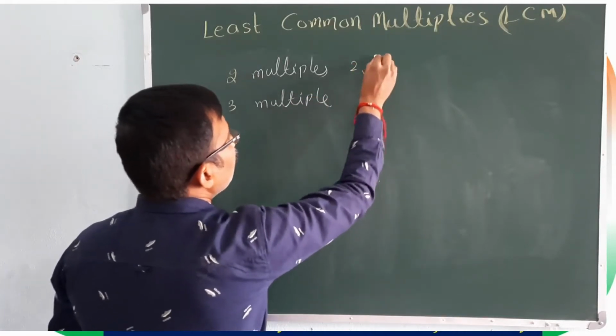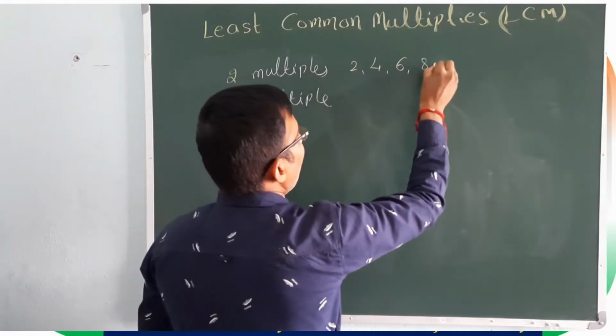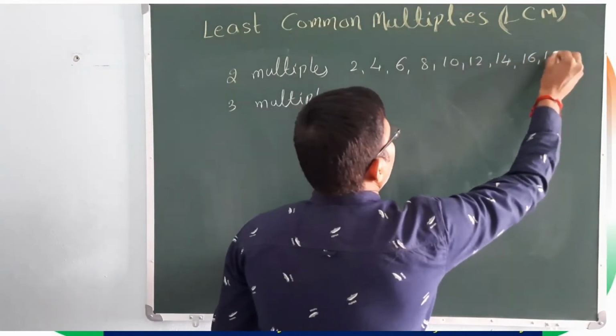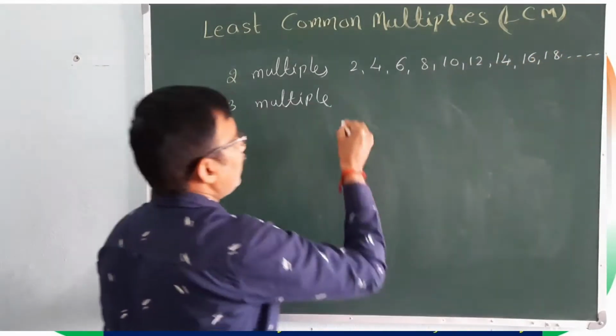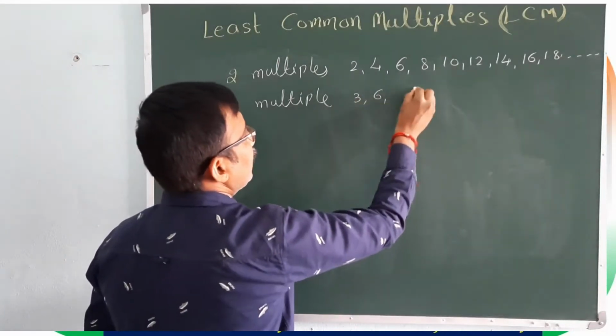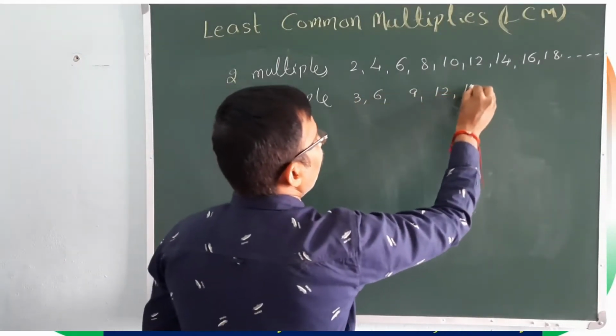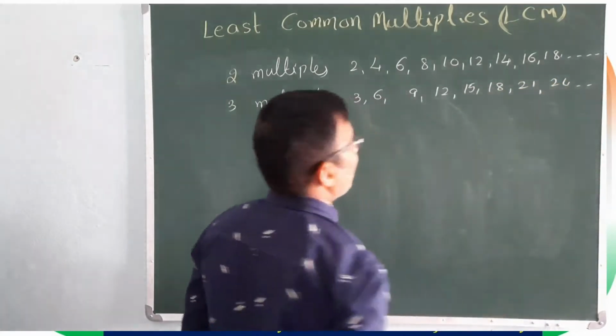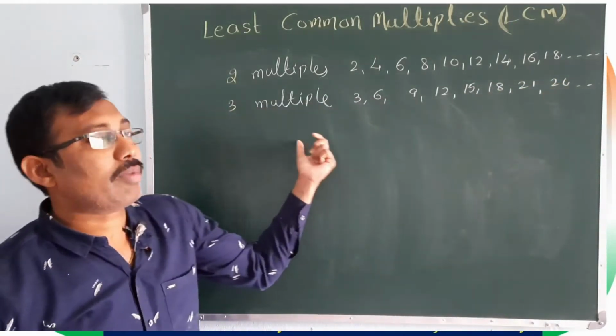So 2 multiples: 2, 4, 6, 8, 10, 12, 14, 16, 18 and continuing. 3 multiples: 3, 6, 9, 12, 15, 18, 21, 24.